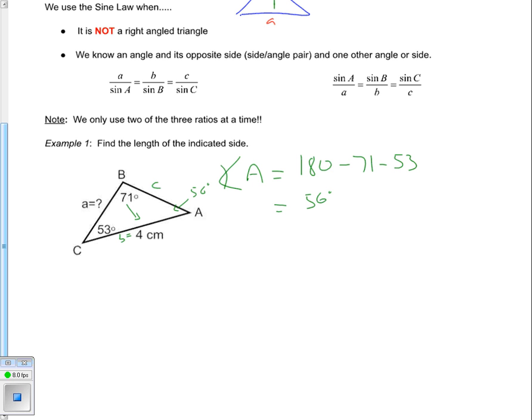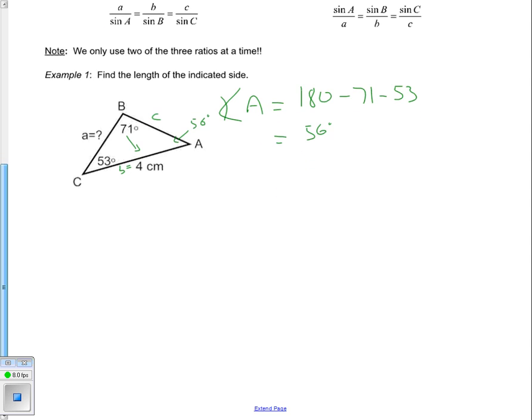And that's an important piece of information if we're going to use the sine law to figure this out. And we have to use sine law to figure this out because it's not a right angle triangle. None of those 3 angles are equal to 90 degrees. And we have a complete side angle pairing. Okay, and without that, we wouldn't be able to use the sine law. We'd have to use something else, and we'll talk about that another time.